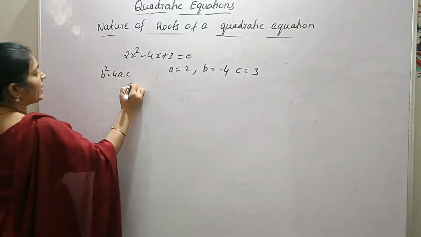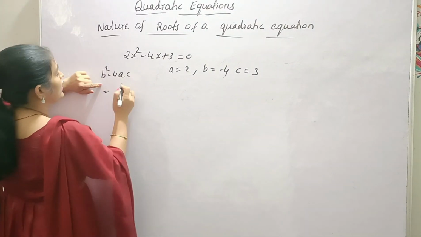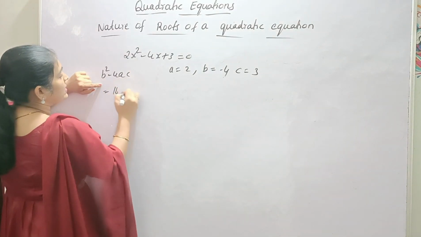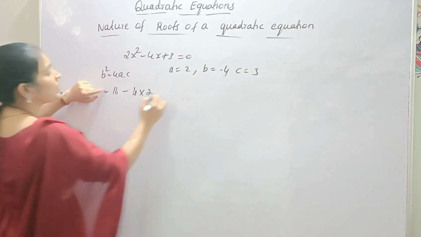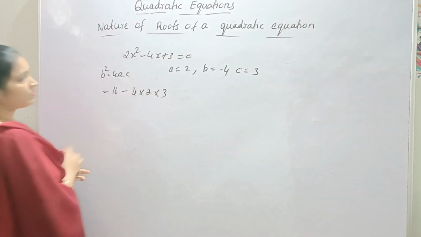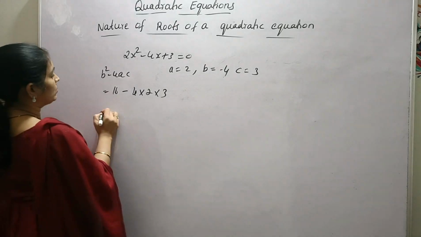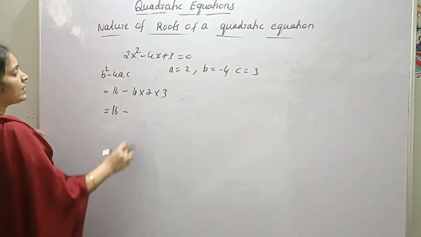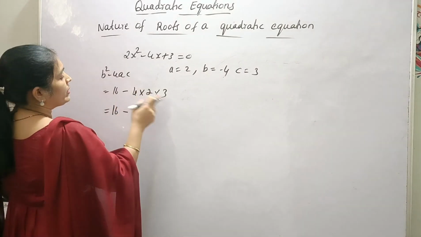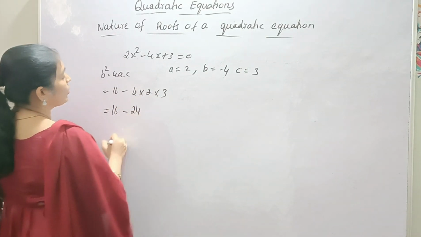So b² - 4ac is equal to (-4)² - 4 × 2 × 3, that is 16 - 4 × 3, 12, 12 twos are 24.